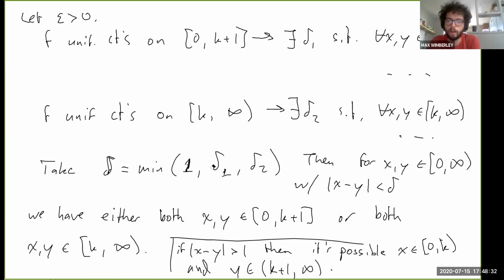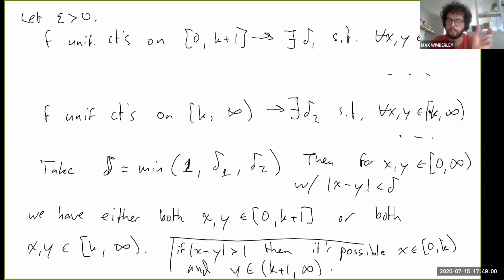Because delta 1 only guarantees that for two elements of 0, k plus 1, right? Two points in this set, the distance of delta 1 will guarantee that the values of the function are within epsilon of each other, right? But if one of them is in the other set, then we don't know anything about whether they're within epsilon of each other, because we chose delta 1 for the set 0, k plus 1 specifically, right?